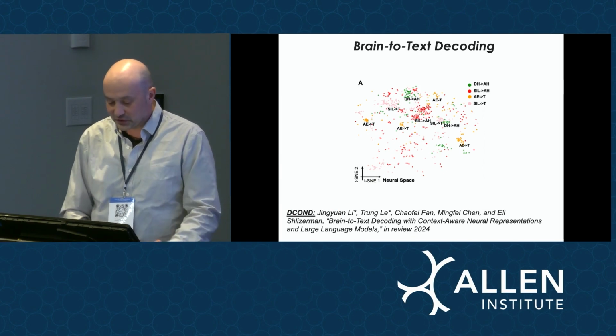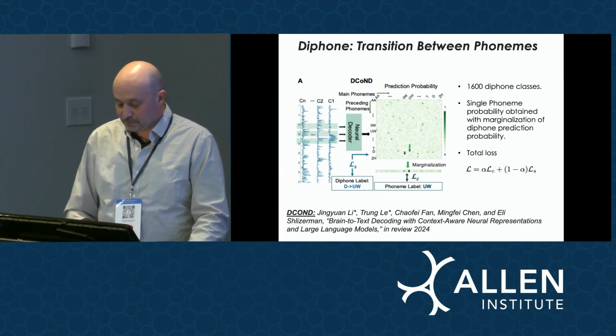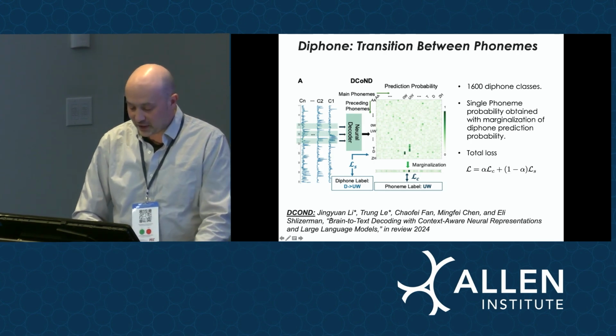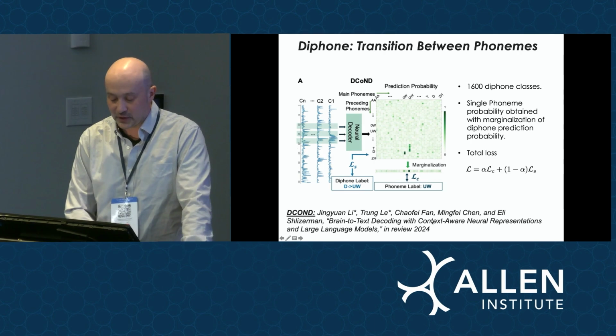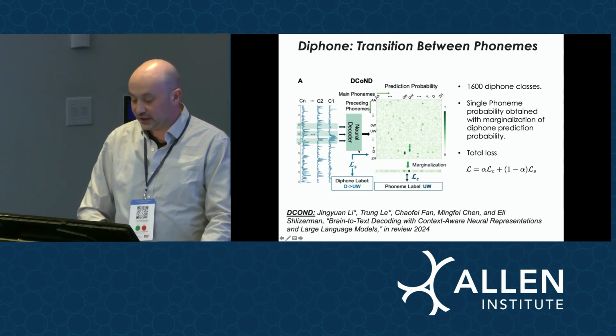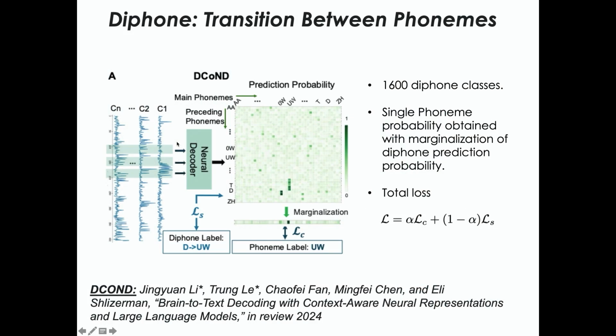So we took this idea into the actual framework by proposing DeCoND, which would be a decoding with context-aware neural representation. And in this case, it will decode the diphones, which are transitions between phonemes, and then collapse them into prediction of words.